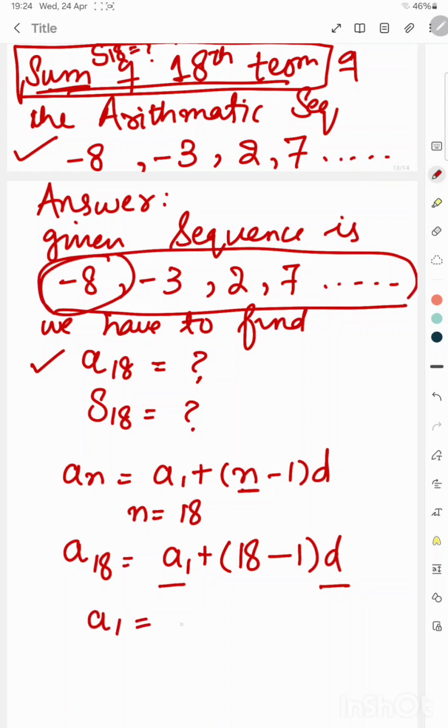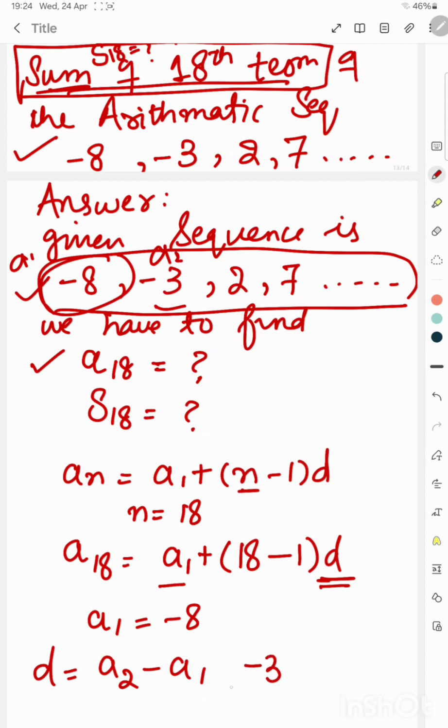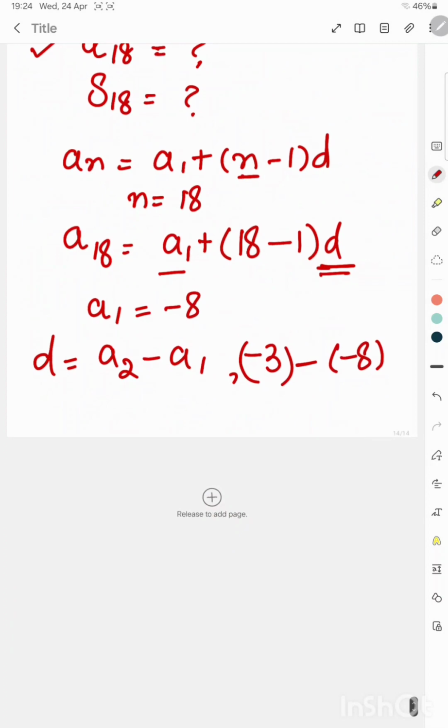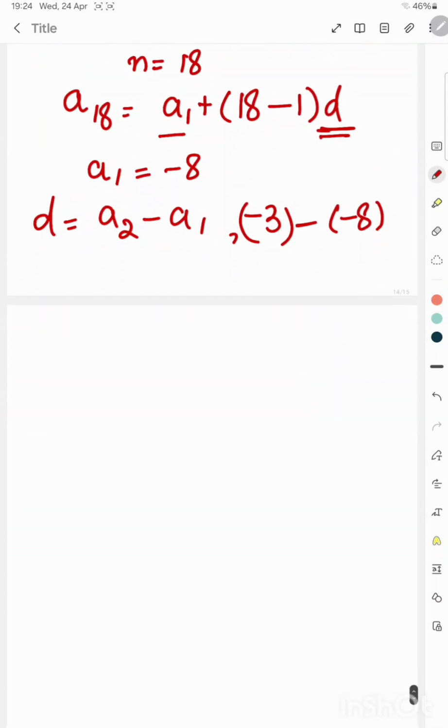So a1 will be minus 8, and to find d we will use the formula a2 minus a1. As you know, the first term is a1, the second term is a2. So just subtract minus 8 from minus 3. Okay, so here d is equal to minus 3 minus (minus 8), and minus into minus is always plus.